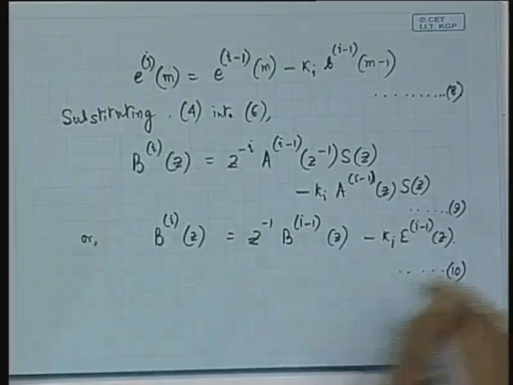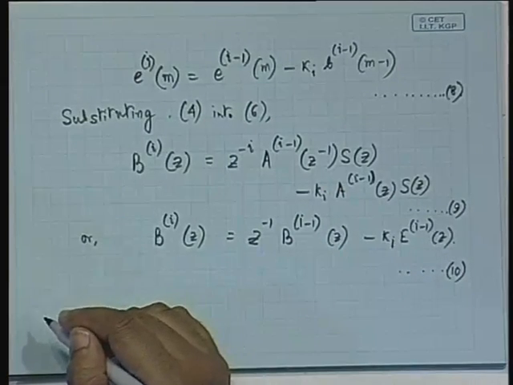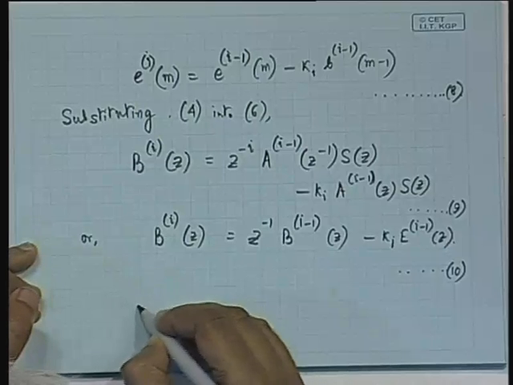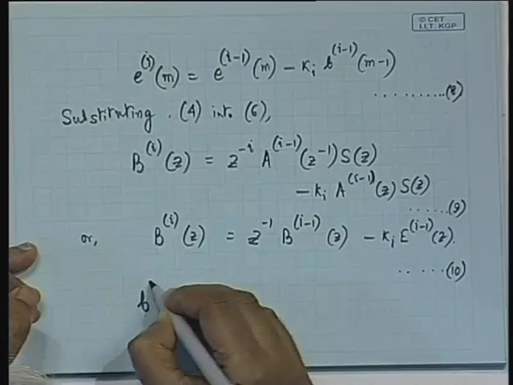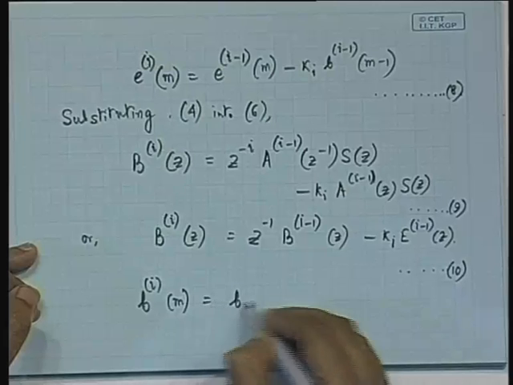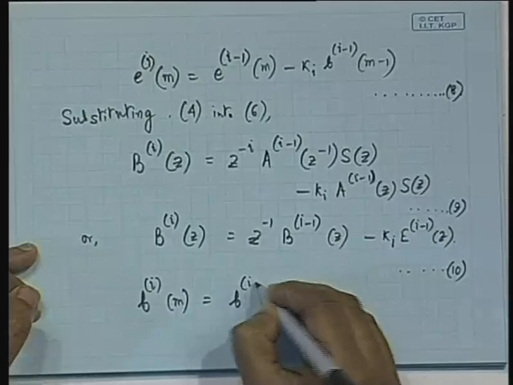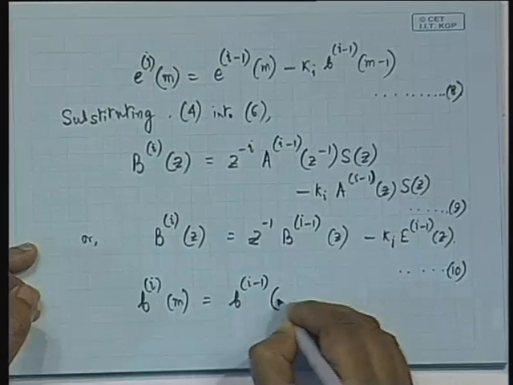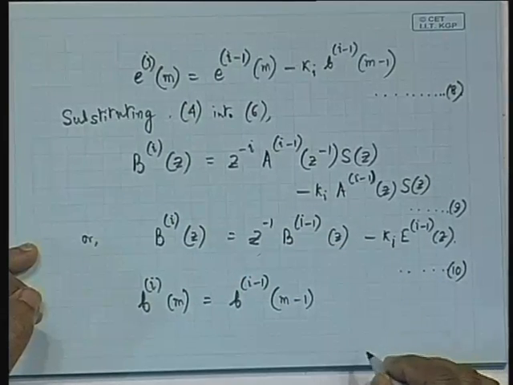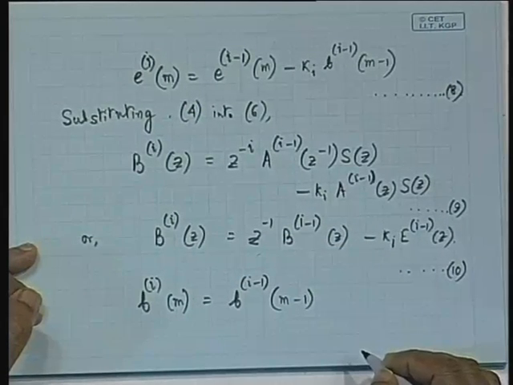So this is very clear in the Z domain, and just taking the inverse Z transform, we get B I of m can be written as B I minus 1 m minus 1, because of the presence of this z to the power minus 1, this 1 unit of delay.